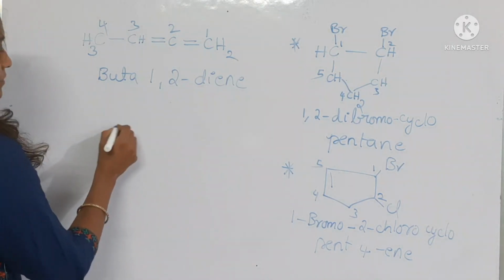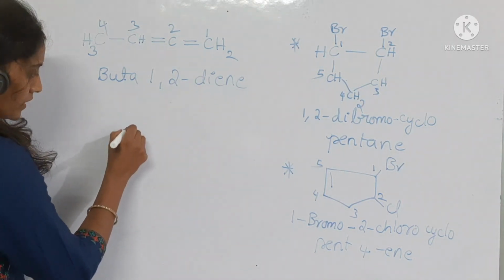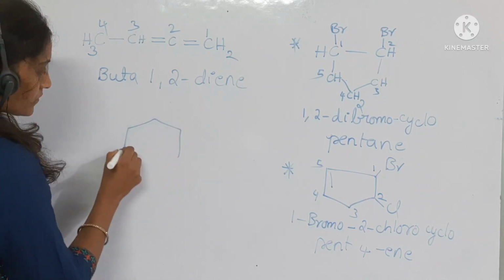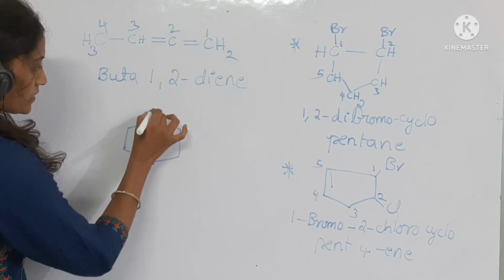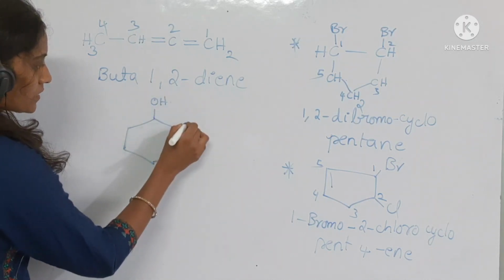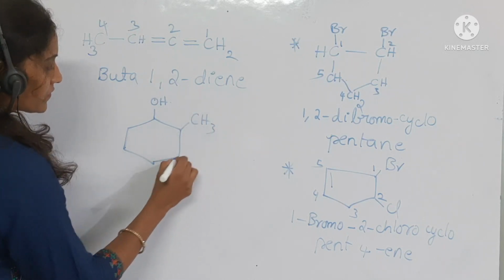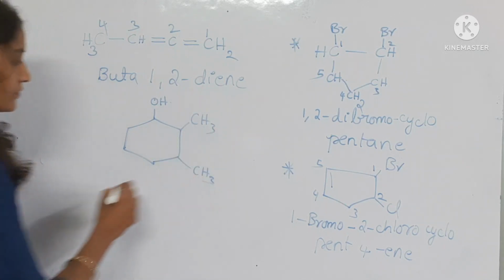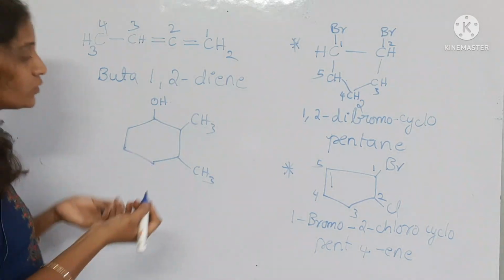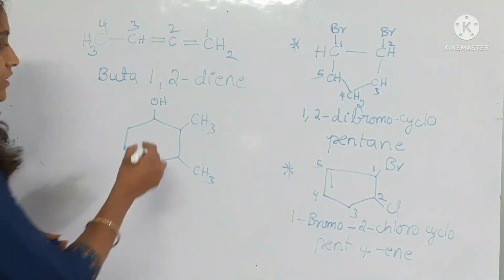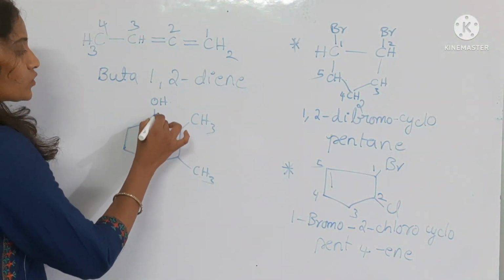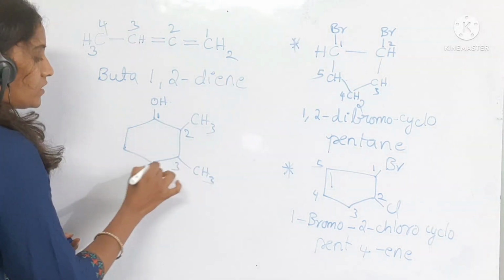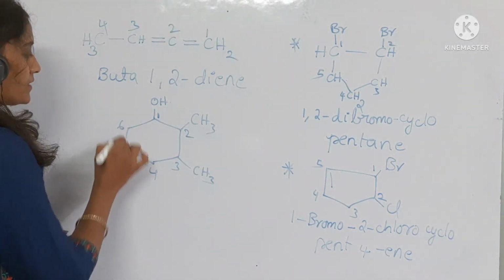Okay, you can see one more example here. This is OH, this is methyl, and this is methyl. So how can you name this molecule? Give numbering from the carbon attached to the OH: 1, 2, 3, 4, 5, 6.